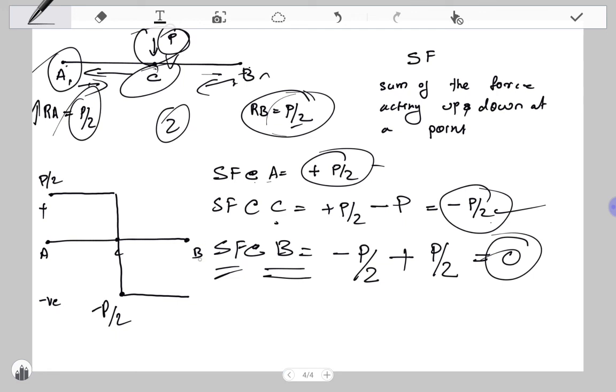What is the next point here? That is B. What is the shear force at B? That is 0. It will go to 0 level. So this is how you draw the SF diagram of the beam. So that's all, my friends. There will be a worked out example I will solve in another video.